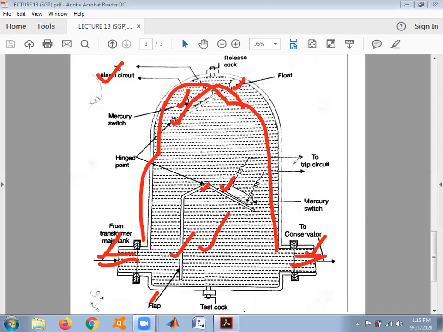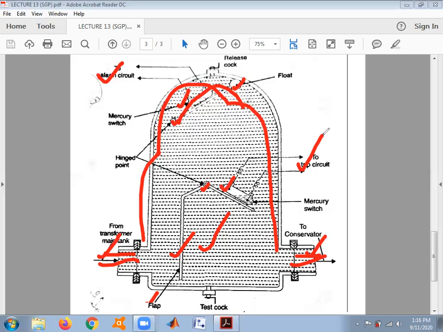Due to that, the trip circuit of the circuit breaker connected to the mercury switch gets energized. When the trip circuit opens the contact of the circuit breaker, the circuit breaker disconnects the transformer from the supply automatically.